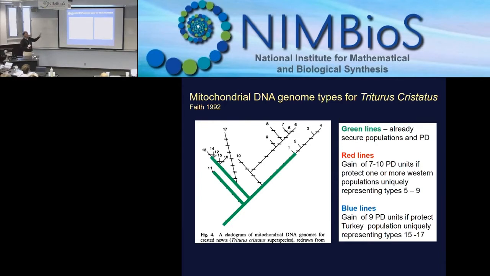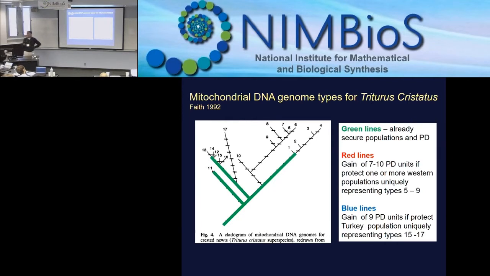What I showed in that original example was this idea of complementarity, these sorts of marginal gains and losses. In this little example across Europe, the green lines on that tree could notionally represent the amount of genetic diversity which could be regarded as secure already for whatever reason.